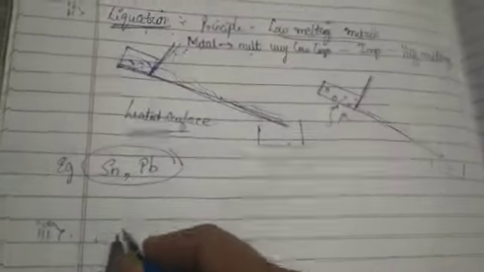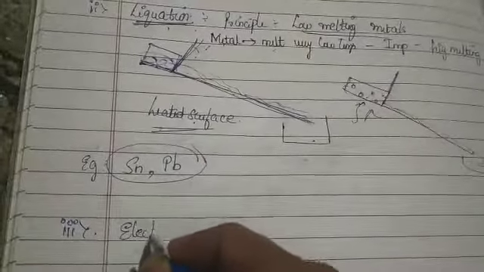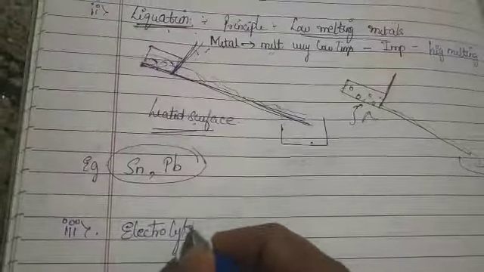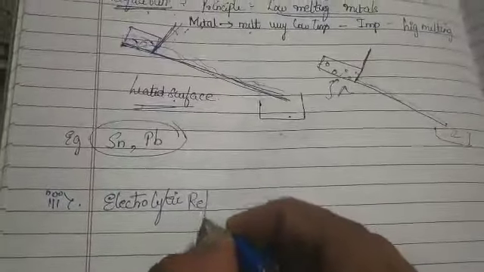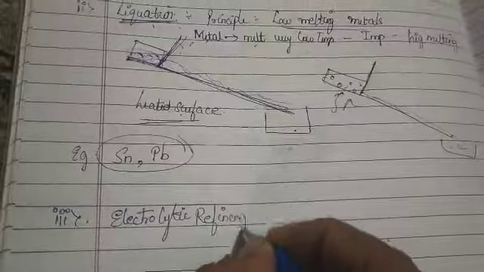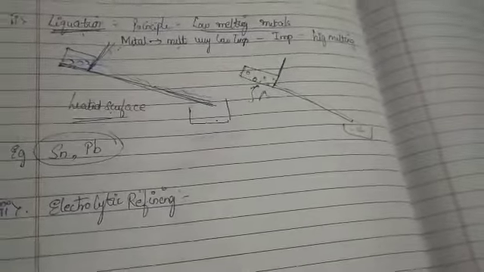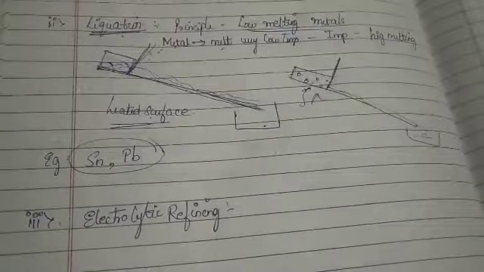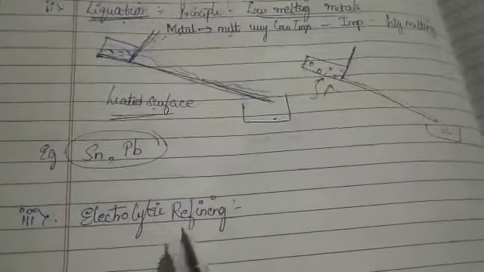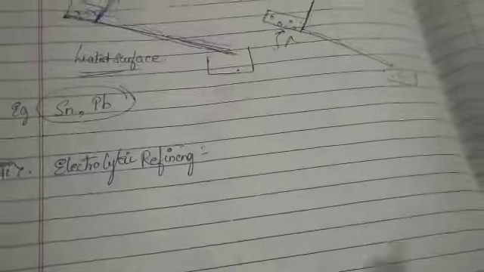The most important technique we have to remember here is another technique called electrolytic refining. Very much important, because it involves certain chemical reactions, and in chemistry chemical reactions have their own role, so it is a somewhat important process. First and foremost, let us understand the main principle involved in this method.